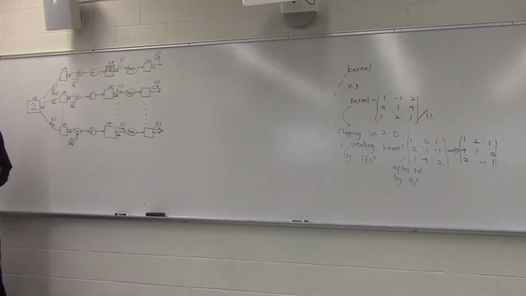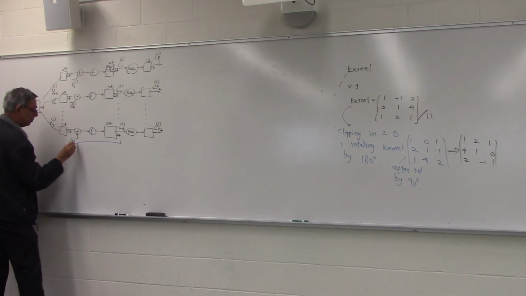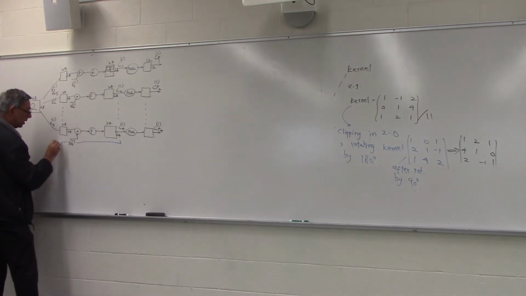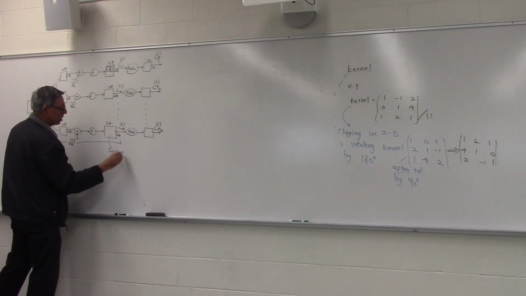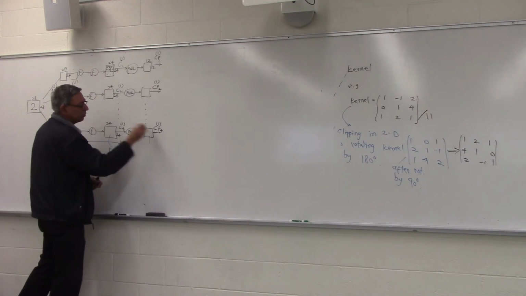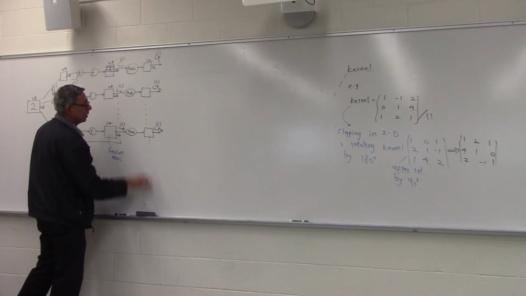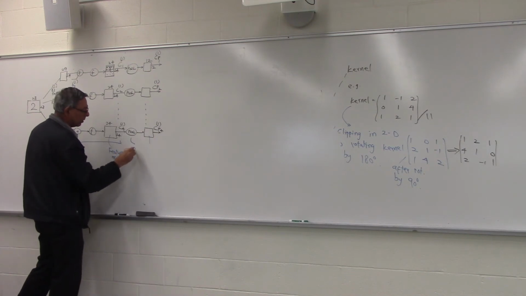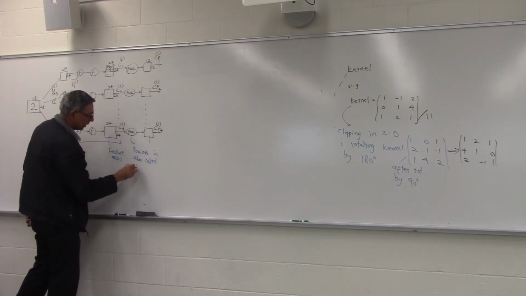In the technical terminology, some people call these the feature maps. So these are called the feature maps, and this is the output of the subsampling layer. This pooling is also called subsampling.